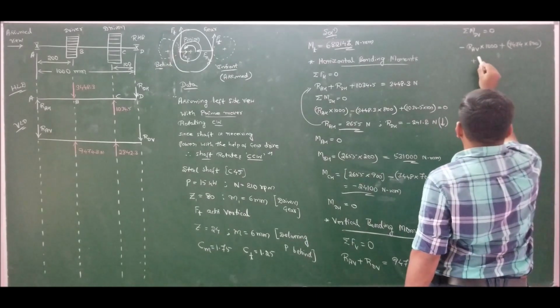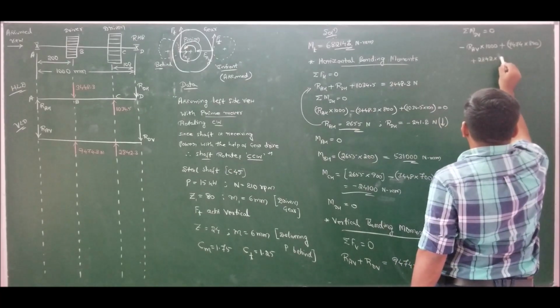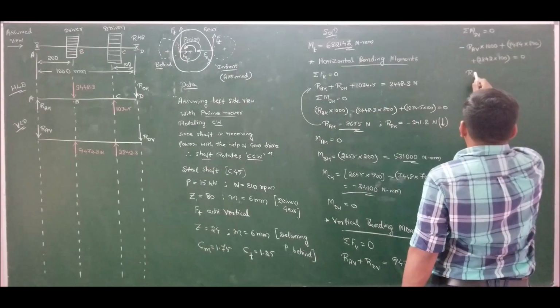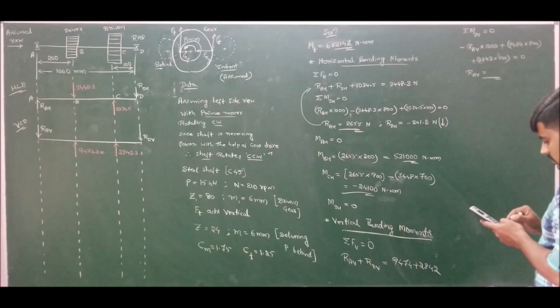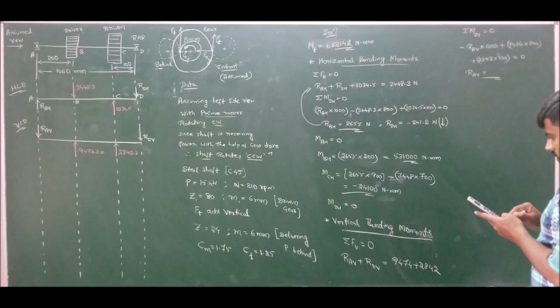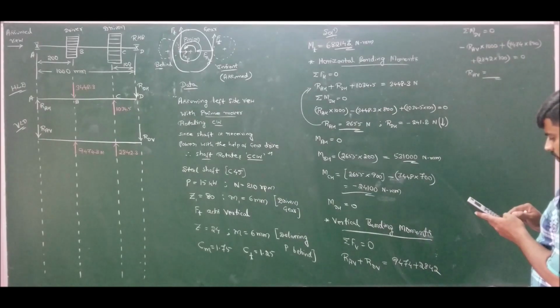Again we have clockwise 2842 into 100. So therefore I will get RA vertical as 9474 into 800 plus 2842 into 100, divided by 1000.